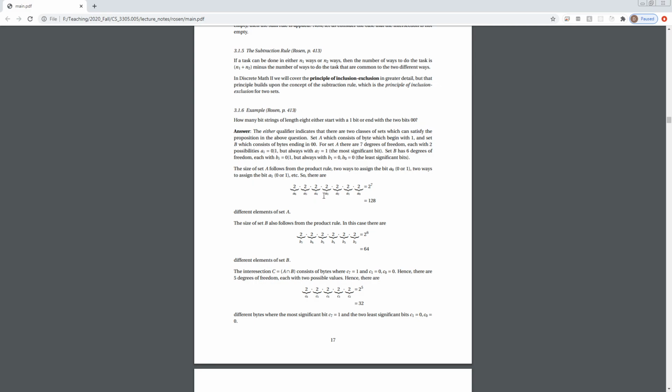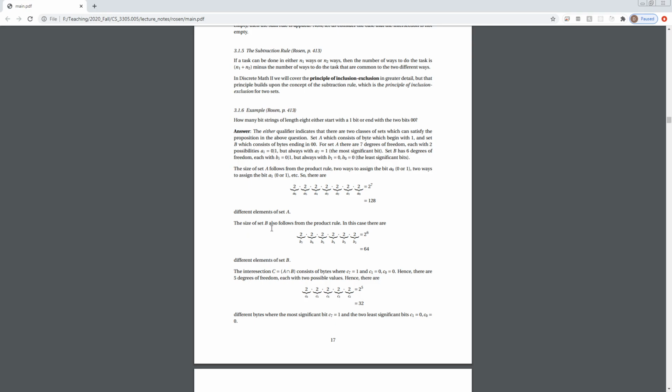Right? Here we see that there are 128 out of the 256 that start with a 1. I use degrees of freedom as a term here, and all I mean by that is that a bit can be either a 0 or a 1 and it still satisfies whatever condition you're talking about. So if you count based on that, you get the number for that first condition.